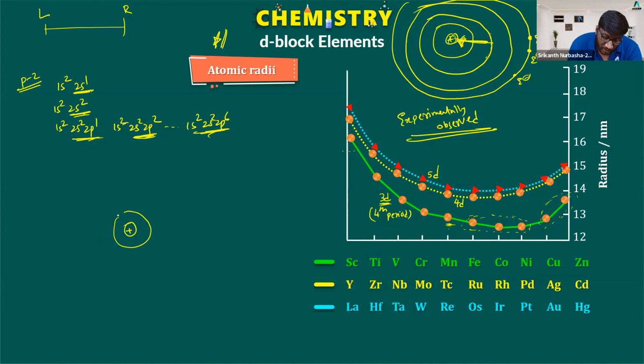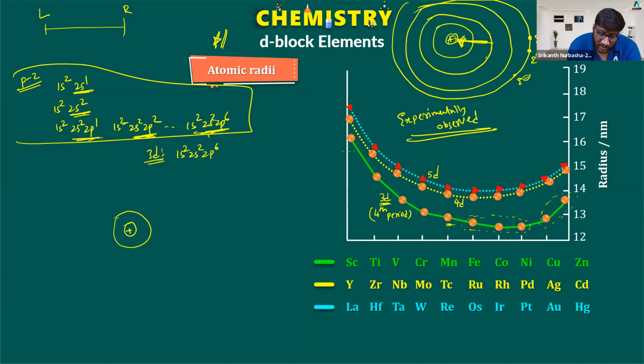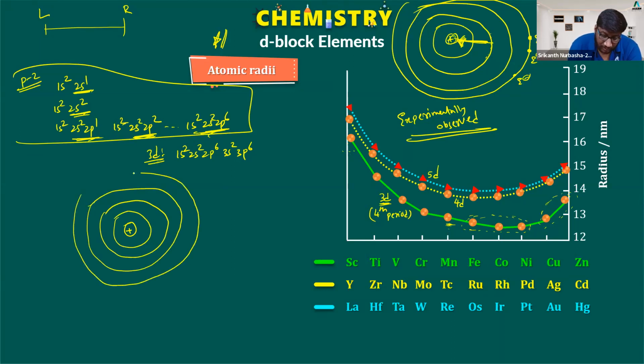Any 3d series element you consider, starting from scandium, how can you write it? 1s2, 2s2, 2p6, 3s2, 3p6. This is completely done. So the first shell is completely done, the second shell is completely done, in the third shell you have 3s, 3p, 3d, and in the fourth shell you have 4s.